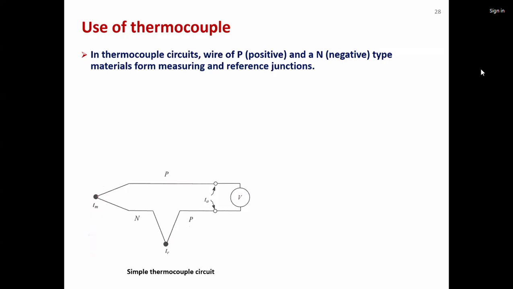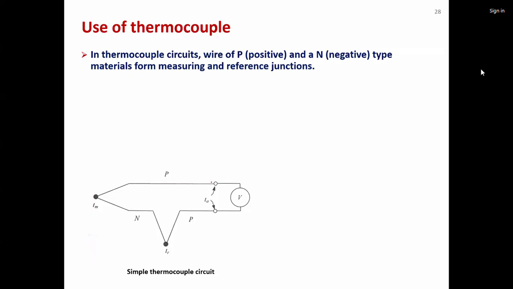From the measuring junction, you have the P-type wire running to the voltmeter, and then from the voltmeter the same P-type wire connects to the cold junction, and then the negative wire basically connects here from the hot junction to the cold junction. As I said, the open circuit voltage is measured in the P-type wire. So you cut it open and put the voltmeter there.